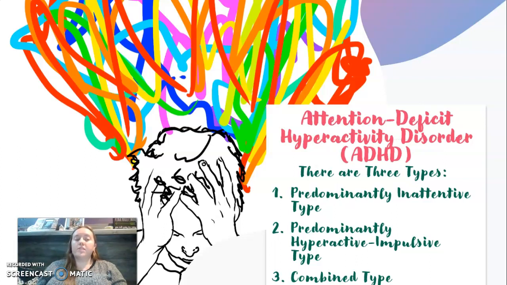ADHD is classified as a chronic condition that affects millions of children and often carries on to adulthood. ADHD can bring persistent problems well into adulthood, including difficulty sustaining attention, hyperactivity, and impulsive behavior. It causes behavioral and social challenges for those individuals with ADHD intellectually and academically.